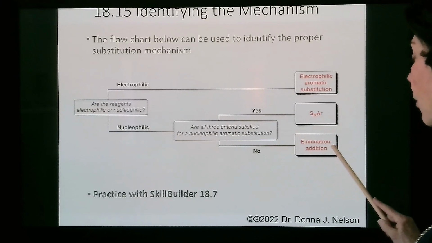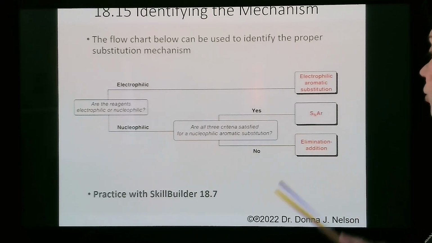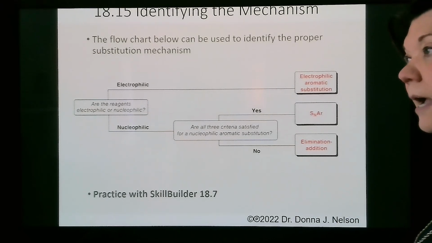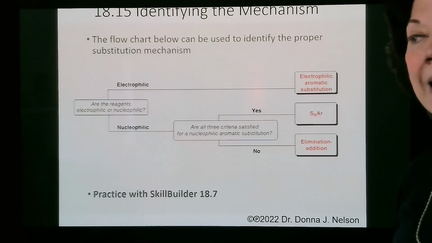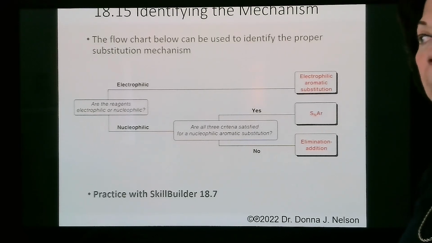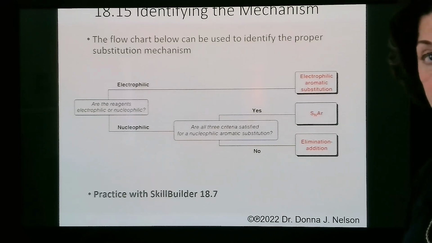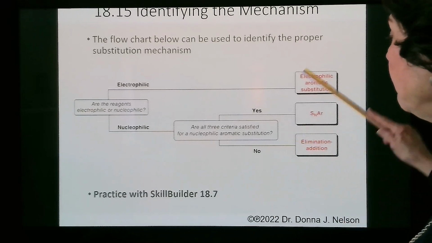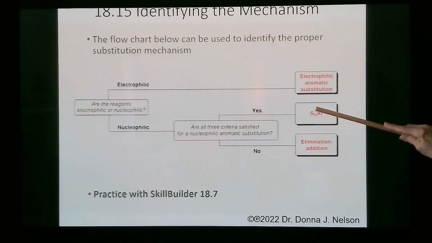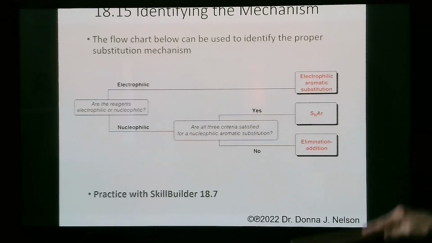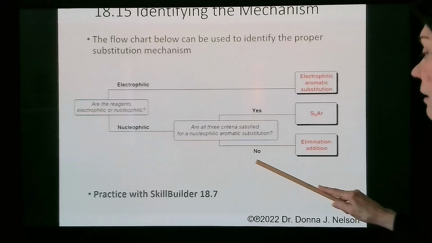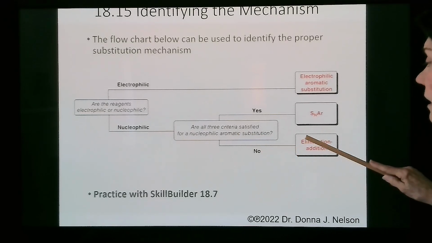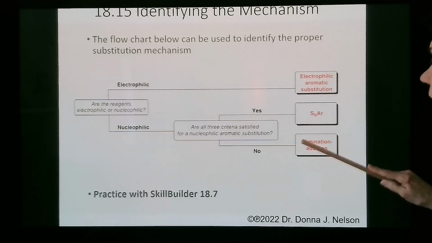And then this third one, the elimination addition reaction, is the one in which a strong base comes in and deprotonates the benzene ring. So it removes a proton. In both of these others, the reaction is taking place at a carbon atom. Here, the first step is abstraction of a proton. This is called elimination addition.